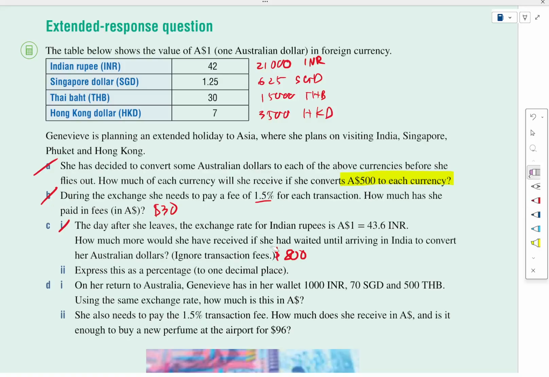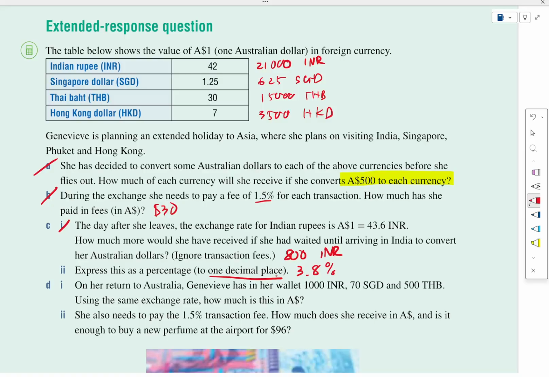I think just 800, not dollars. This is 800. INR, I think. 3.81%. Yep. Oh, no, 3.8%. Yes, to one decimal place.